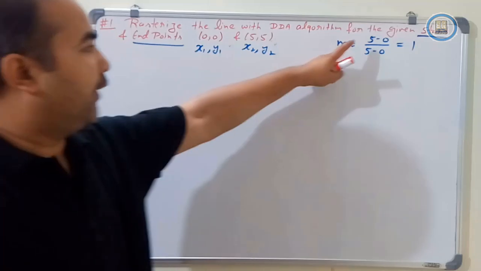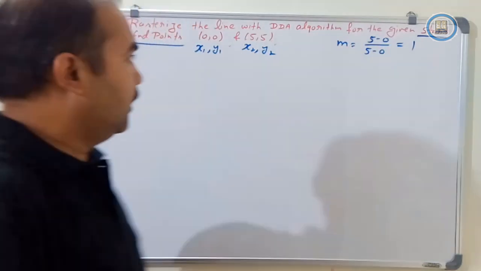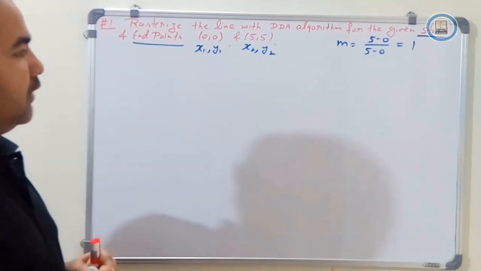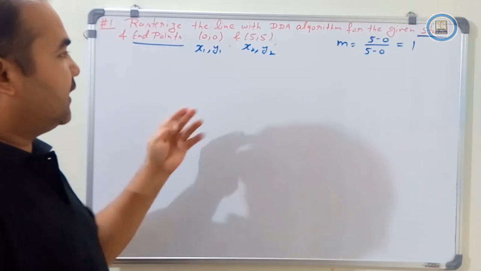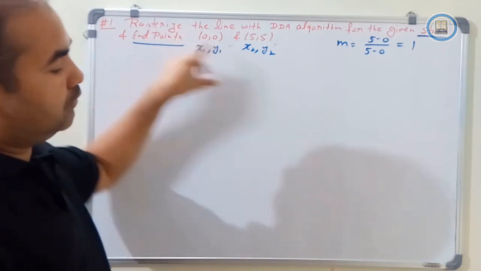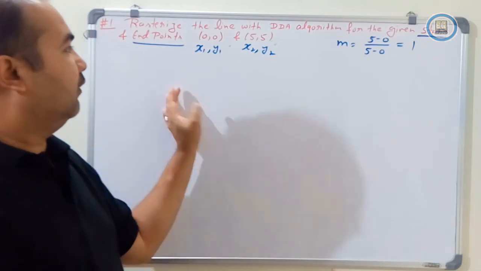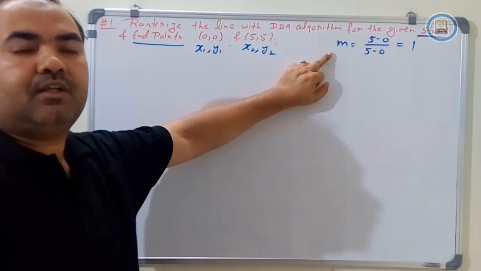That is y2 minus y1 divided by x2 minus x1. So this is the case for assumption 1, that is when your line starts from left to right, because the starting point is 0, 0, so it is on the left hand side, and the slope value is 1.